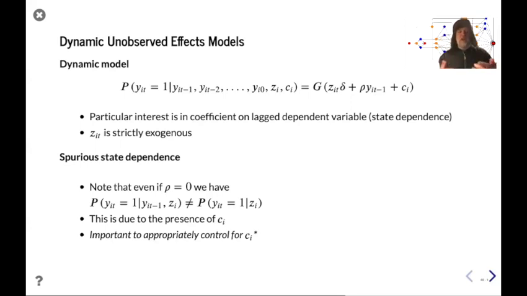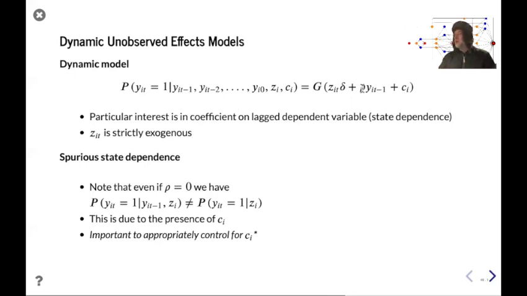Think for the dynamics. If you think about, for example, a policy that pushed people into the labor market, now we're modeling labor force participation. So if we push people into the labor market, so now they're in the labor market, y is equal to 1. Then in the next period, they're more likely to be in the labor market again if rho is positive.